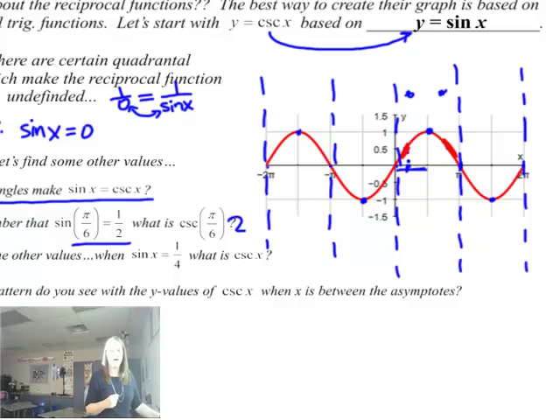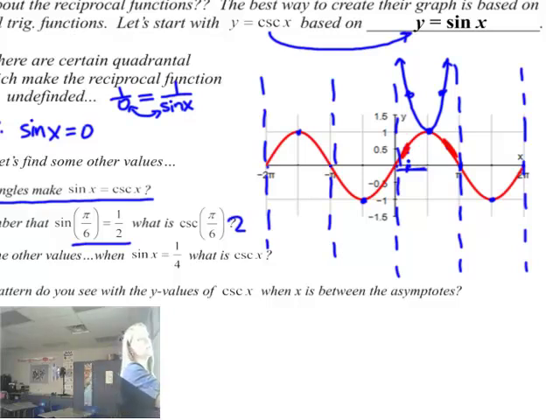And I just look at the blue dots, what's happening? The closer and closer the sine curve gets to 0, the bigger and bigger the reciprocal gets to infinity. So it's going to approach my asymptote. The same thing will happen on the negative side.